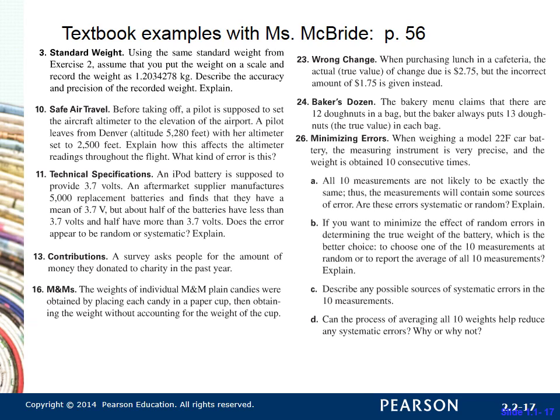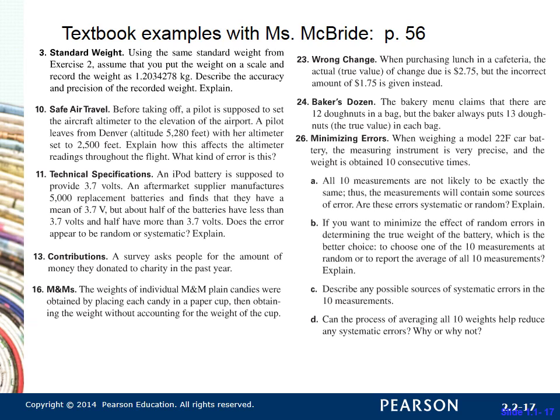Explain how this affects the altimeter reading throughout the flight, and what kind of error this is. Well, this would be a systematic error because it's happening consistently throughout. Actually, the readings are not going to be too high, they're going to be too low, because she already had it at 2,500 feet.